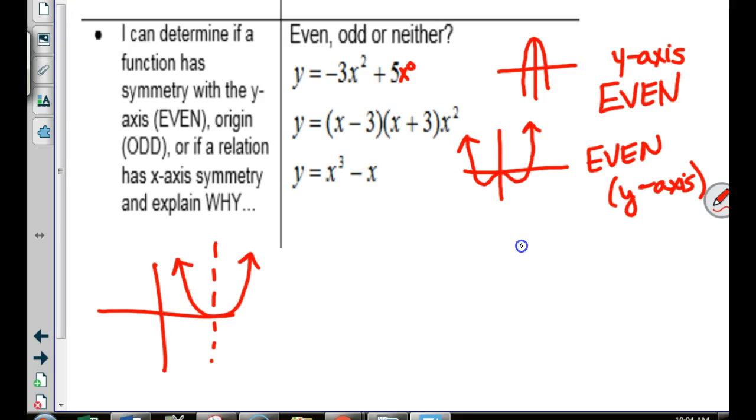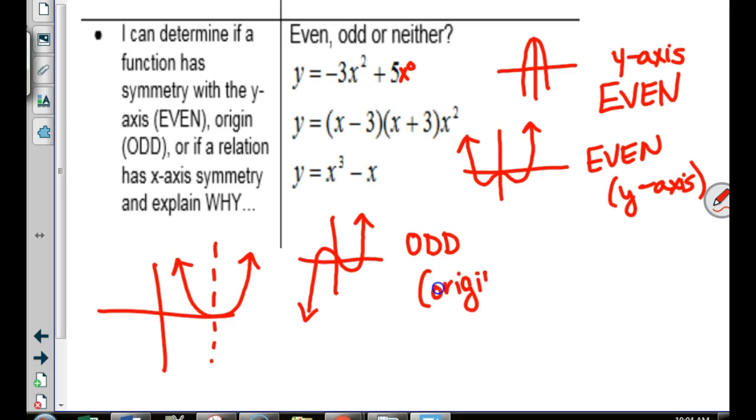And the last one? I think it does. This is my guess. Like that. So that is odd because odd means what? Origin symmetry.